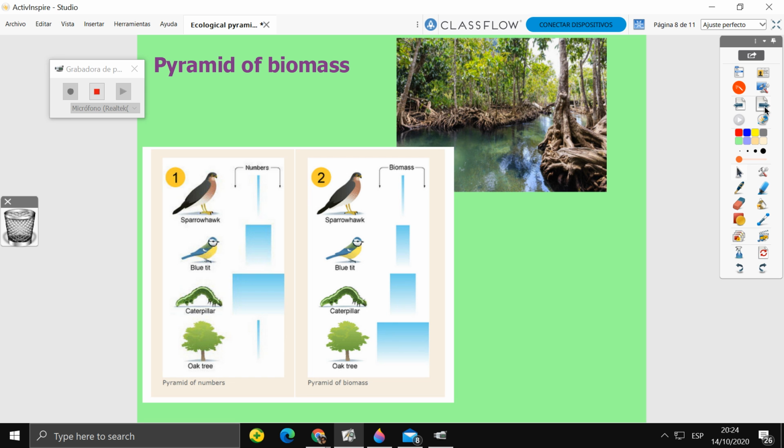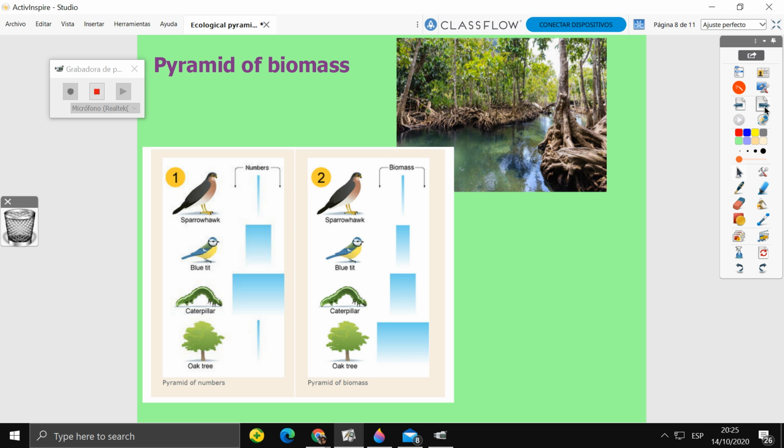Now let's compare two pyramids constructed from the same ecosystem but taking into account different types of information. In the first one, you can see the pyramid of numbers. One oak tree is represented in the lower area of the pyramid, but that oak tree, despite being unique, contains a lot of biomass that can support the rest of the trophic levels.